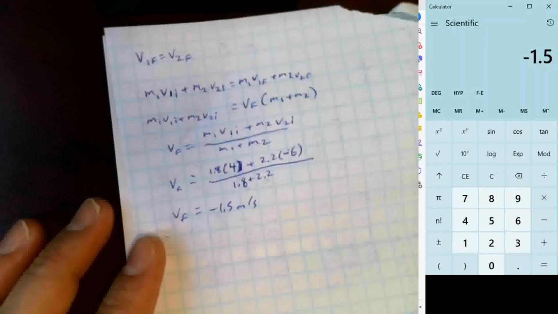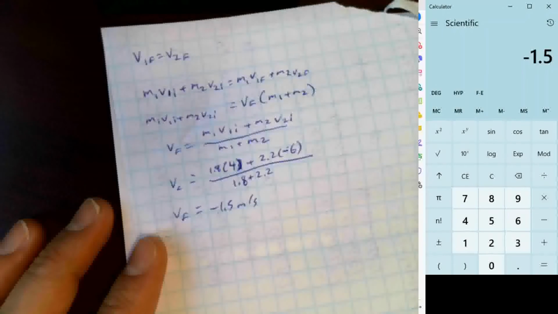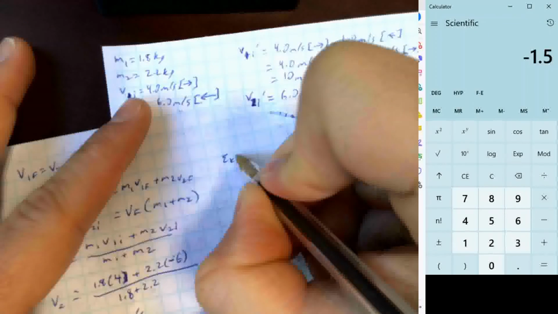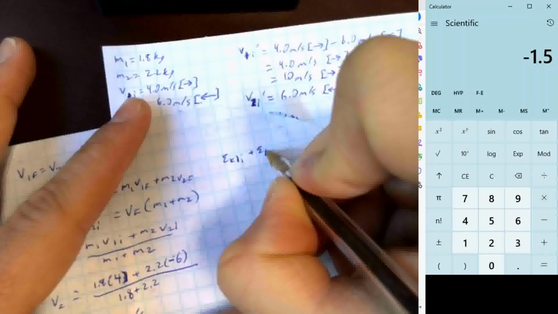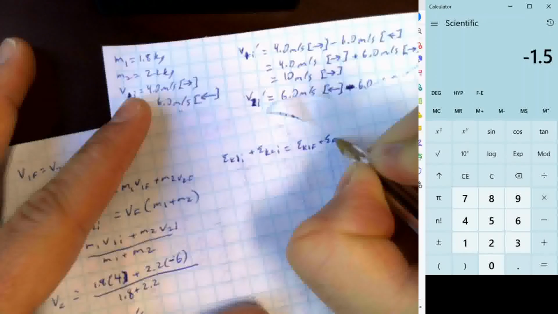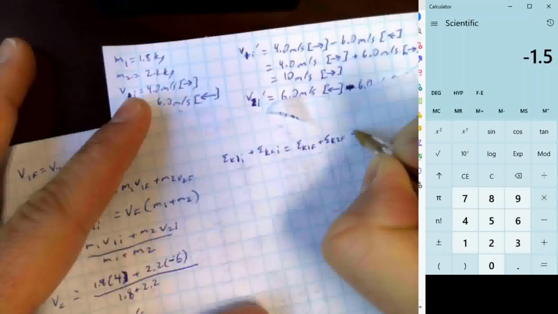Now that I know my VF, I know that my kinetic energy before, EK1I plus EK2I, has to equal EK1F plus EK2F plus the ES.